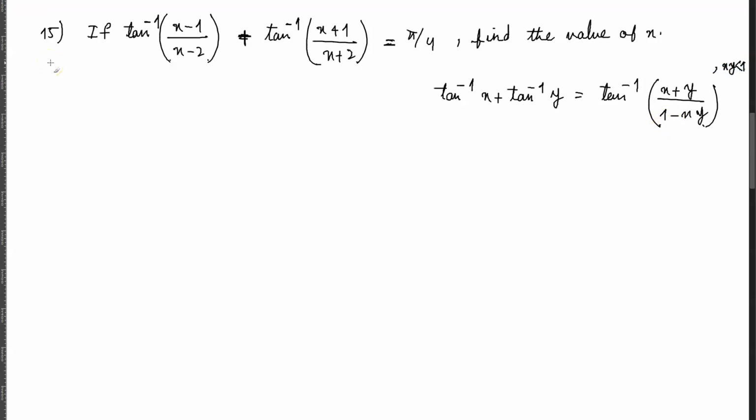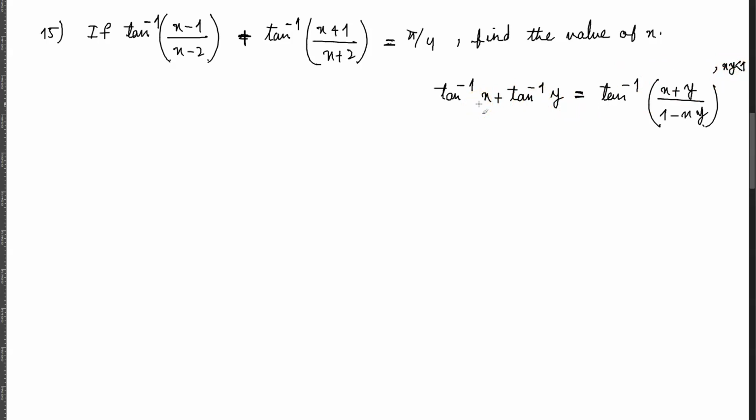Now, what that means is that, of course, provided that the domains of these identities are accurate, when you say that x times y is less than 1, that means you can use this identity only if x times y is less than 1 and not otherwise, right?